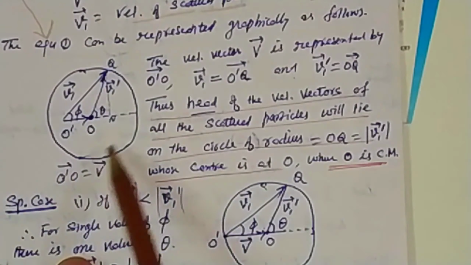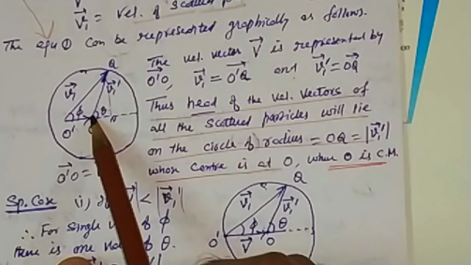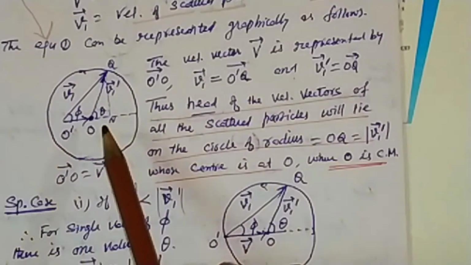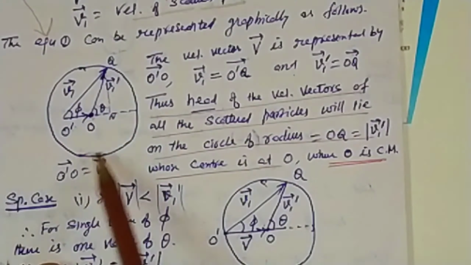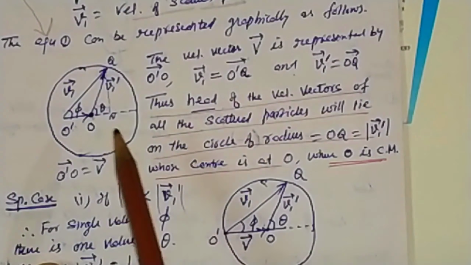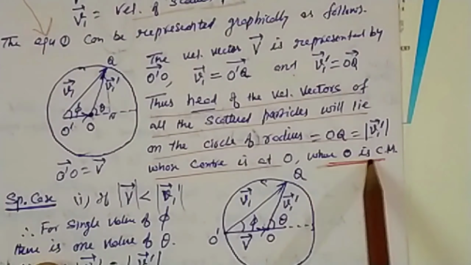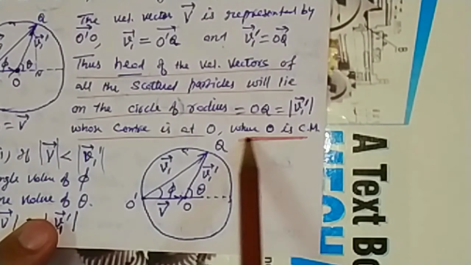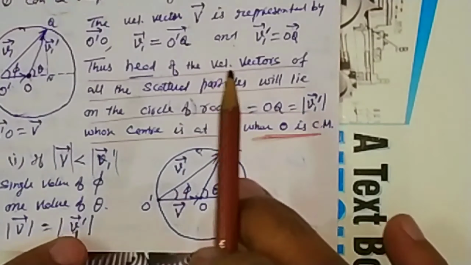So suppose this is a circle and O represents the center of this circle, and this center is nothing but the origin of center of mass.